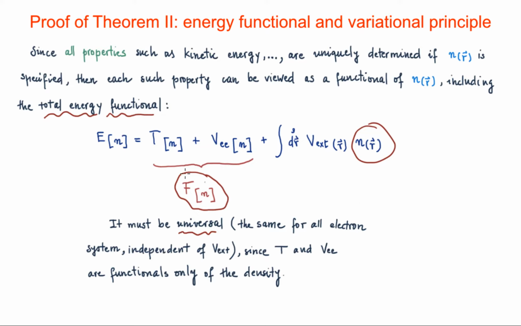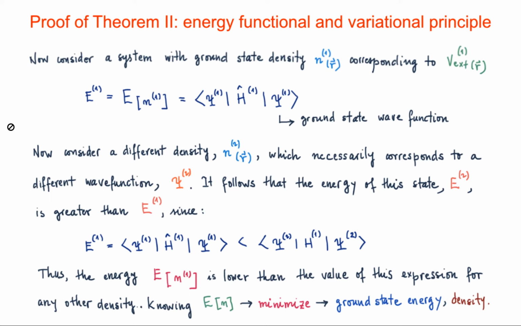And of course, we can define that functional. It is going to be just the sum of these two functionals, the kinetic energy and the electron-electron potential, because both are functionals of the electronic density. So once we have that functional, then we can apply the variational principle in order to get the ground state density and the ground state energy.